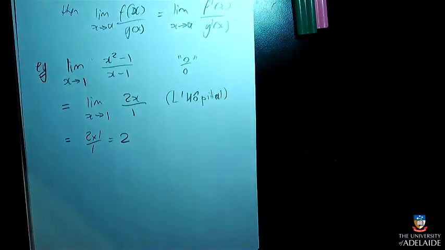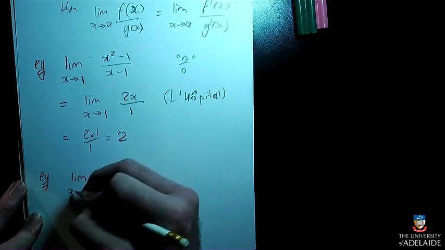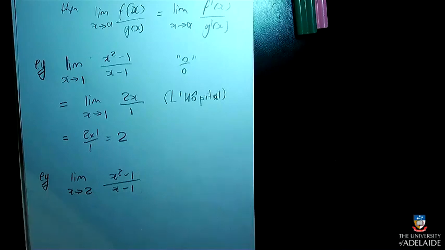But just to do a double bluff, I just want to make sure that you're paying attention. If I did this, this is not a problem when x is 2. When x is 2, there's not 0 on the bottom, so I'll just sub it in.